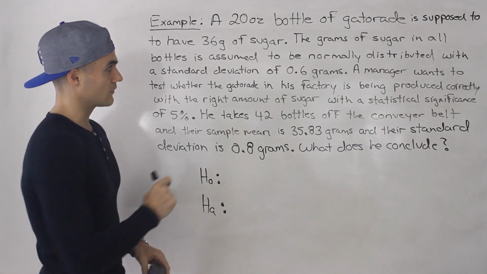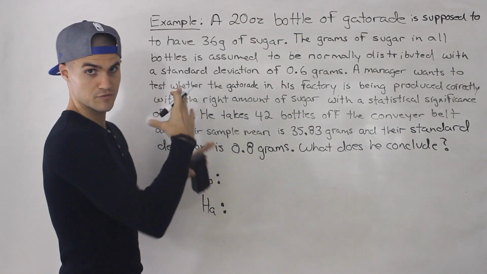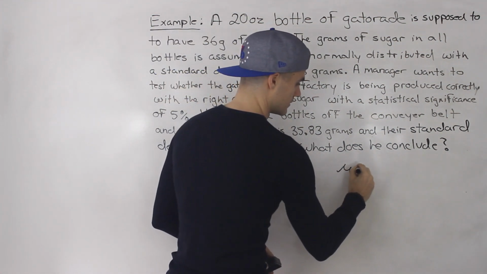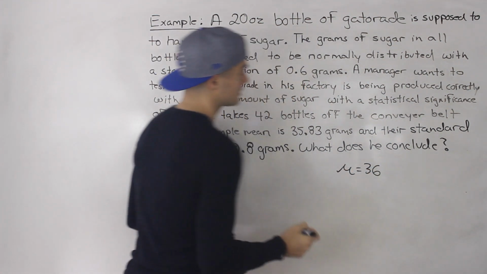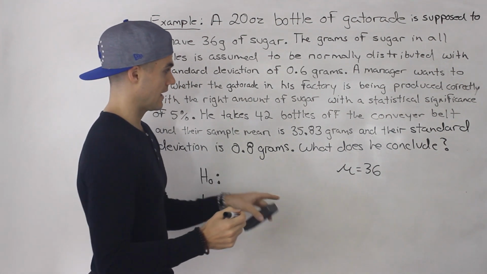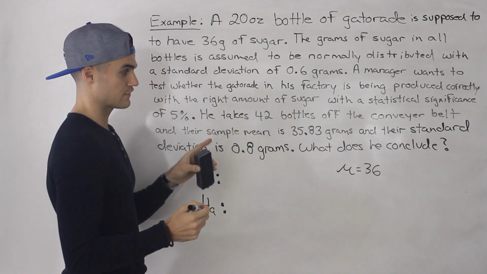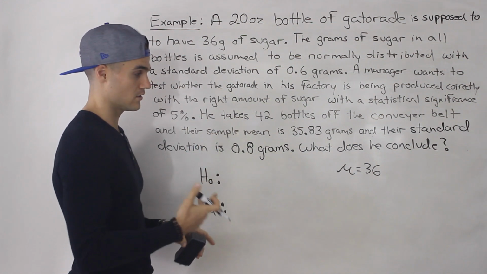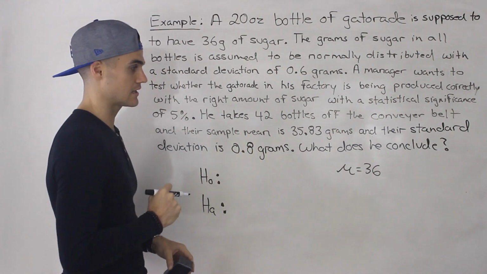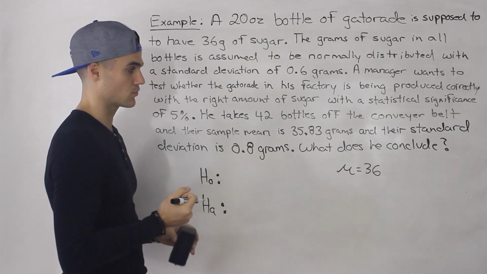So notice we're dealing with grams of sugar in a Gatorade bottle, and each 20-ounce bottle is assumed to have 36 grams of sugar. And a manager in a factory wants to see whether that is so in his factory, whether the production is being done correctly.